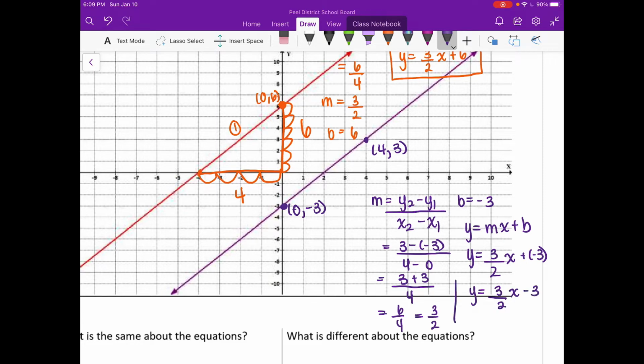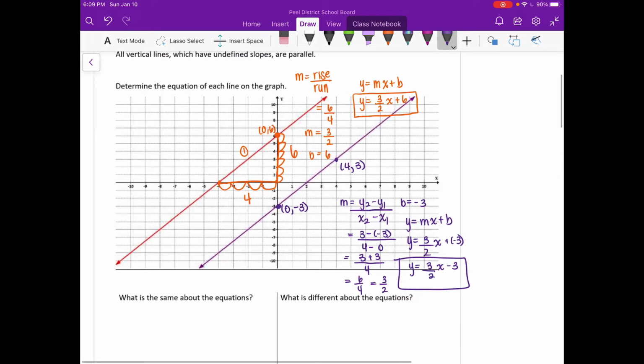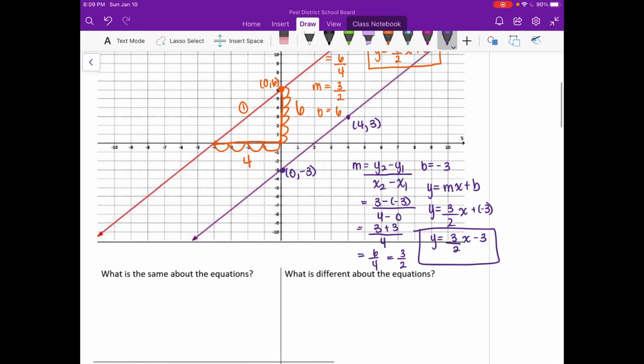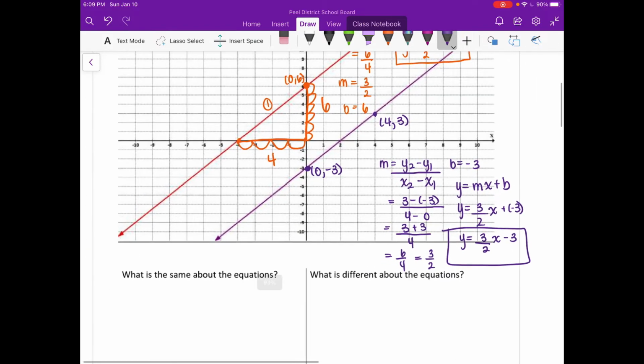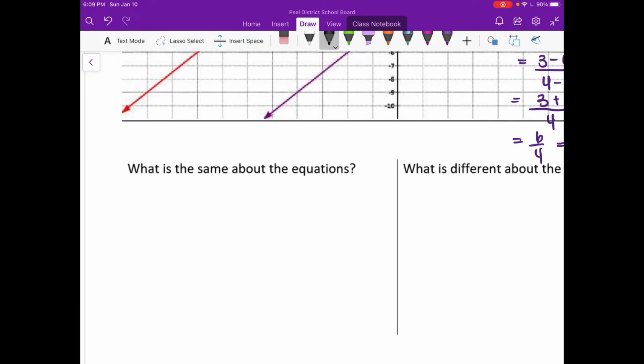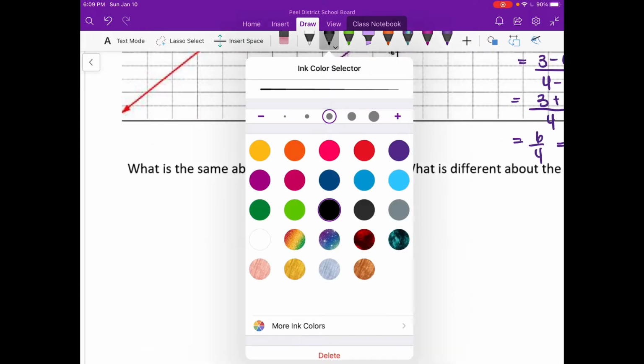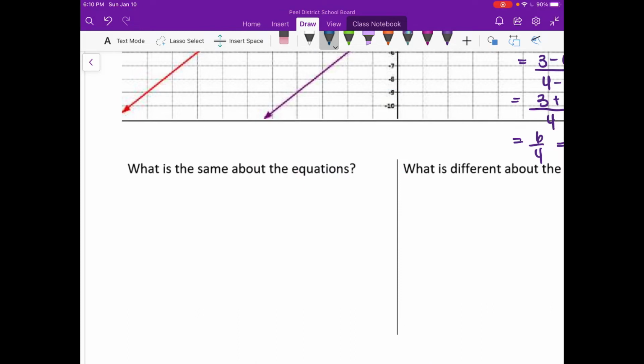So what do we notice is the same about these equations? So we have y equals 3 over 2x plus 6, and then we have y equals 3 over 2x minus 3. So the one thing that seems to be the same about these is the slope of the line, right? So our m values are the same.